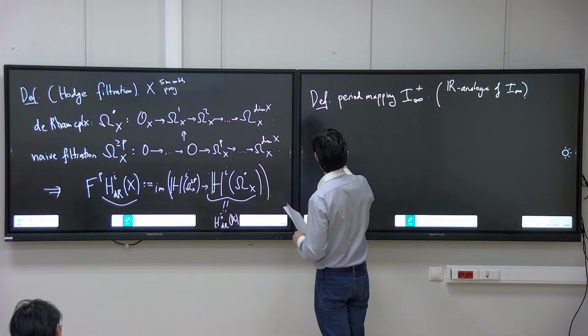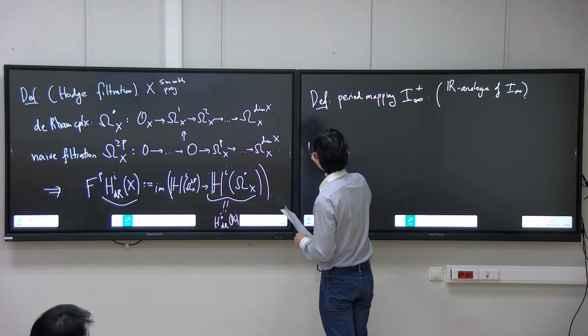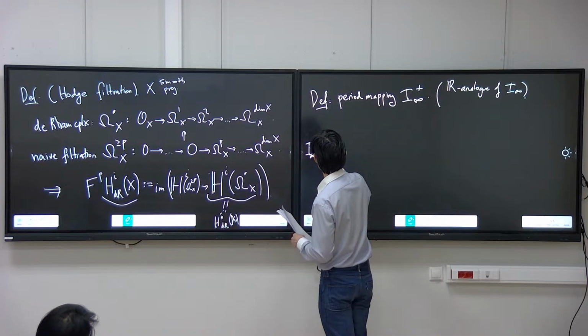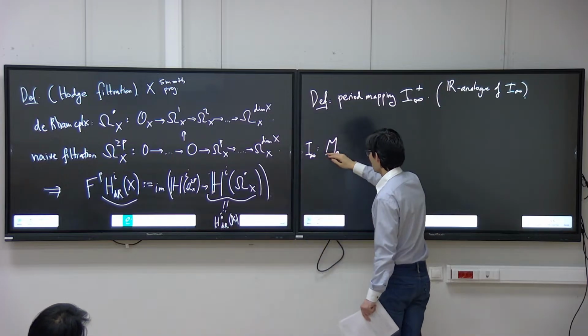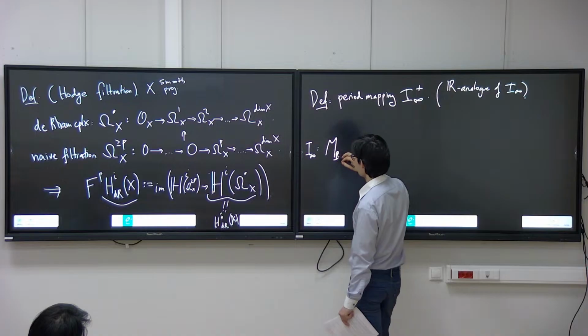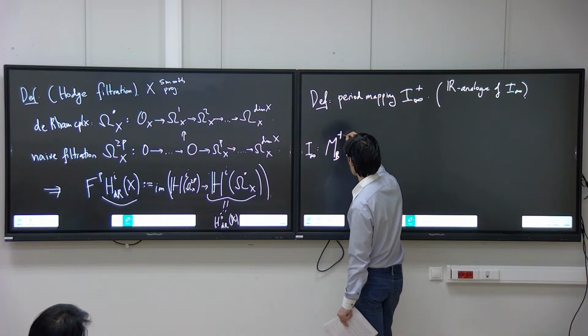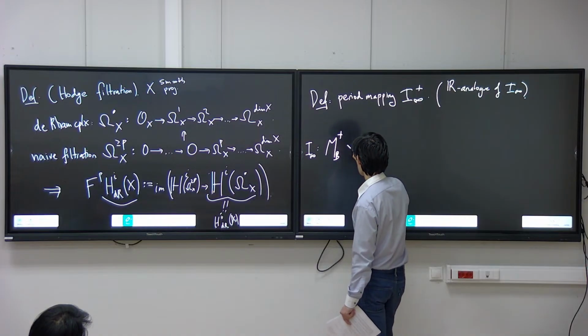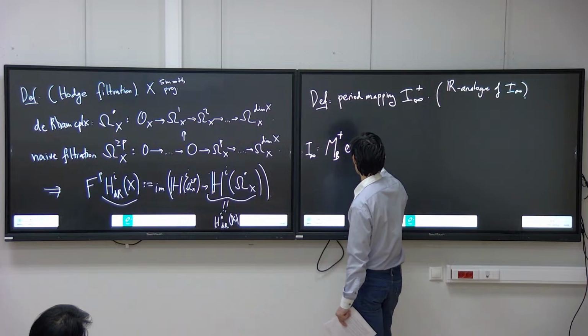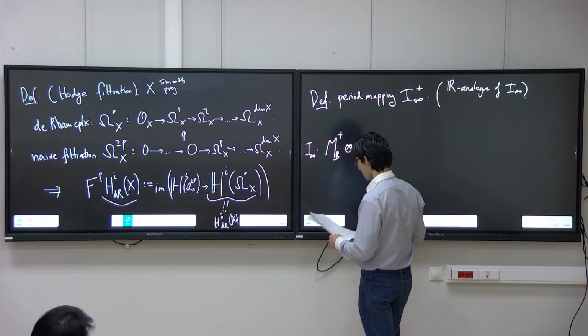You start from the Betti realization, which has some action of complex conjugation, and you take the invariants by complex conjugation and tensor that by R, because a priori this is over some Q-vector space.